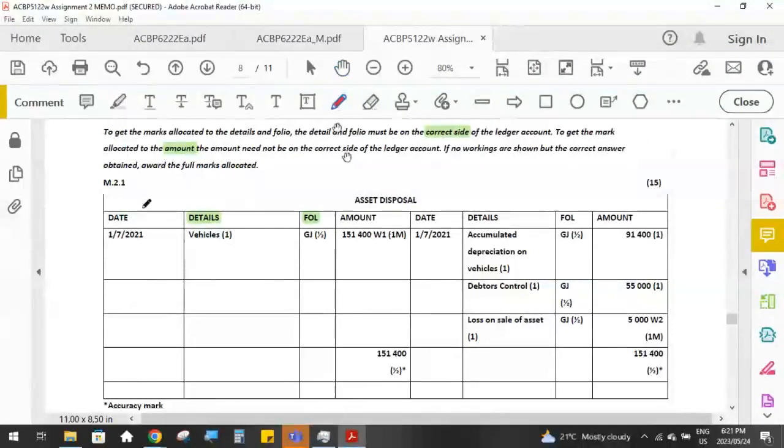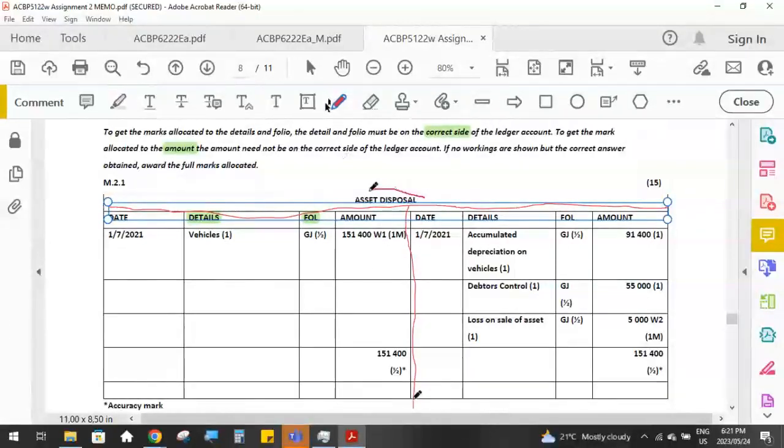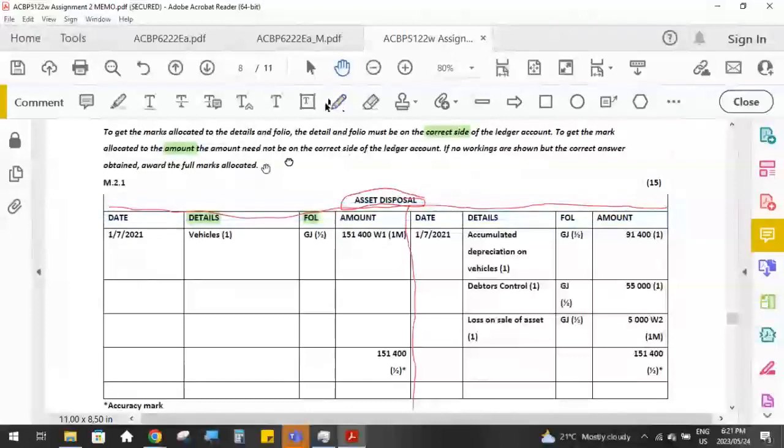So remember, we call this a T account because we've got date, details, folio, amount on the left-hand side, which is our debit side. And then we've got date, details, folio, amount on the right-hand side, which is the credit side. So this creates a T formation with the name of the general ledger account at the top.